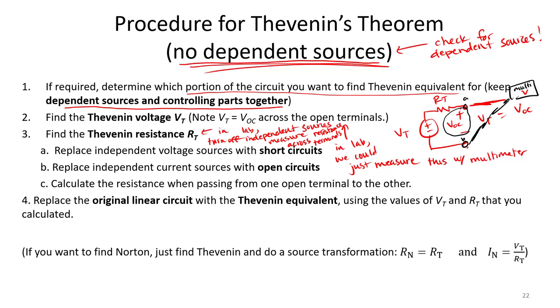But of course, on paper, we have to do the same thing using our circuit on paper. To find the Thevenin resistance with our hand calculation, we have to replace our independent voltage sources with shorts, or a plain wire, and we replace our current sources with open circuits, or broken wires.